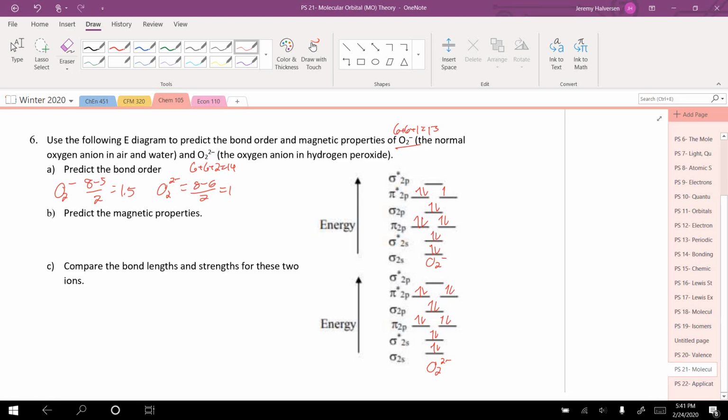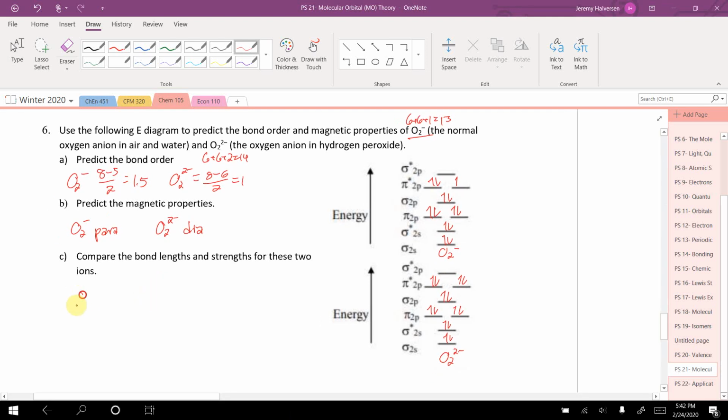Magnetic properties: O2 minus is para with a lone electron. O2 2 minus is dia, everything has partners. Bond length and strength: O2 minus bond is going to be shorter and stronger.